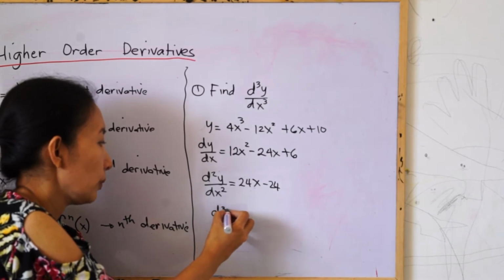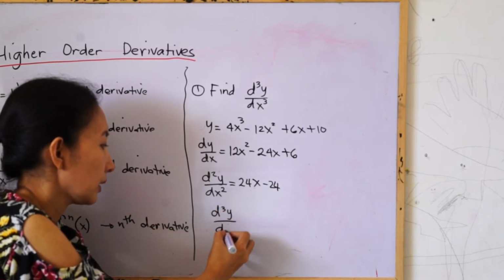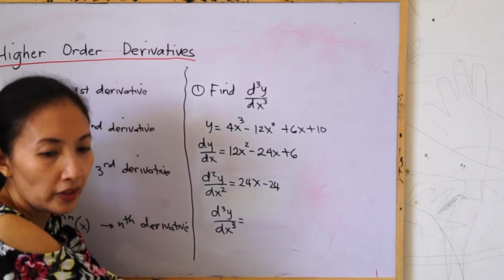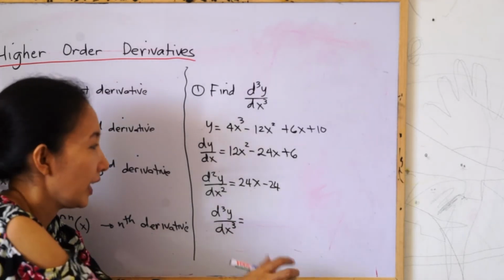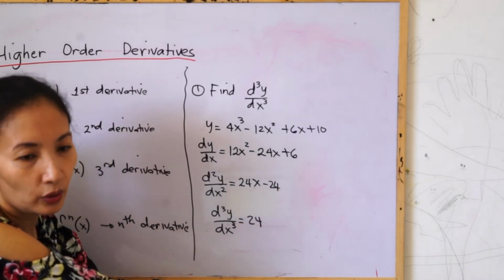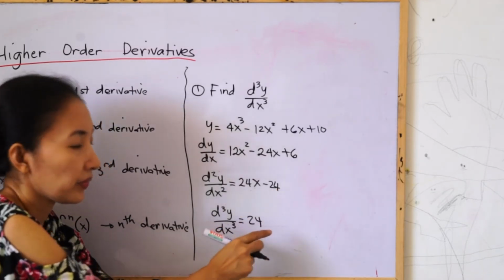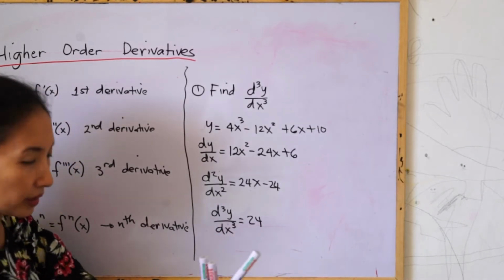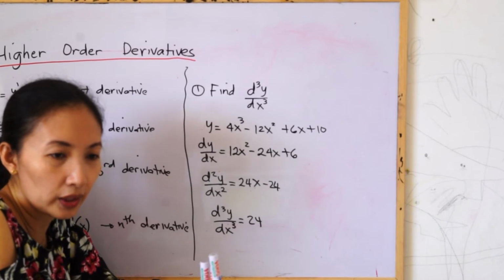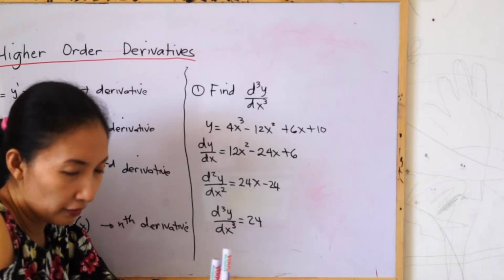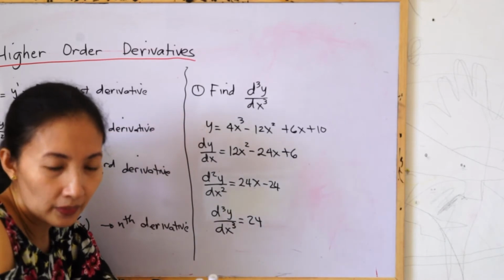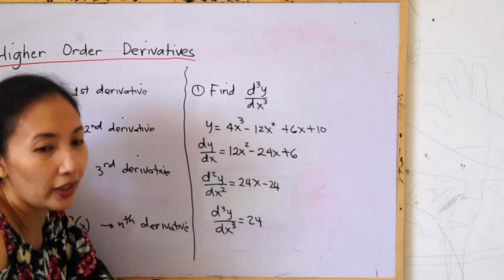So d cubed y over dx cubed equals the derivative of the previous, which is 24, and the derivative of 24 is 0. So the final answer is 24. Now, if I ask you, what is the fourth order derivative of the given? Okay, 0. Correct, 0.